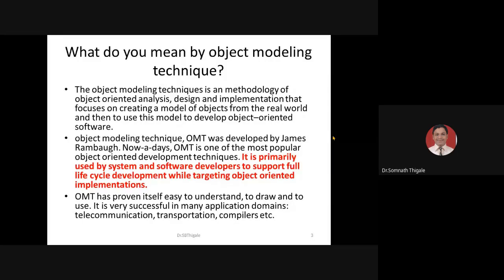We will keep the object-oriented perspective, and with respect to it we will perform the analysis and the designing. It has proven itself easy to understand and easy to draw and use, and very successful in many application domains like telecommunication, transportation, compilers, etc.